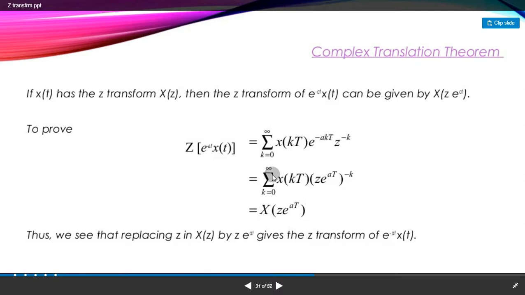That can be rewritten as the summation of k equal to 0 to infinity of x(kT) into (z e to the power aT) to the power minus k, which is equal to X(z e to the power aT). Thus we see that replacing z in X(z) by z e to the power aT gives the z transform of e to the power minus at x(t).